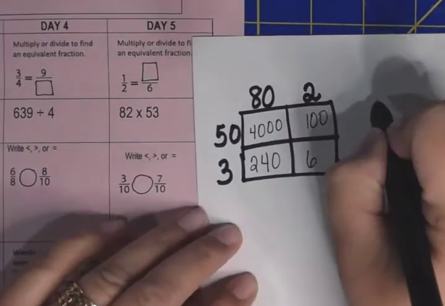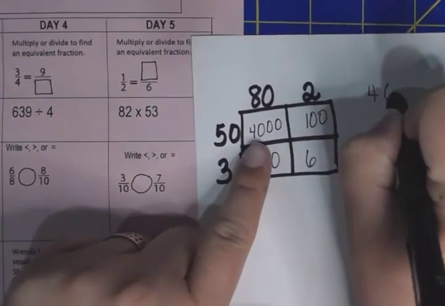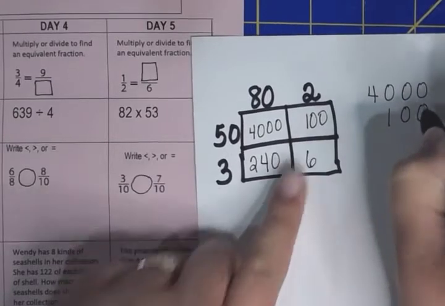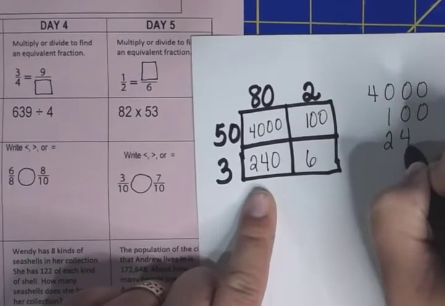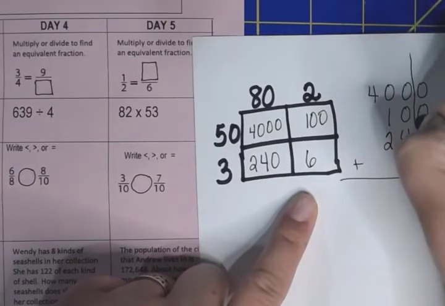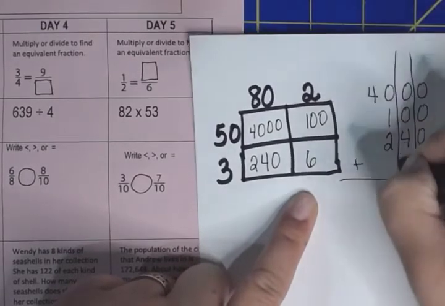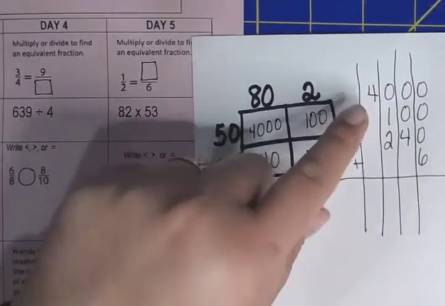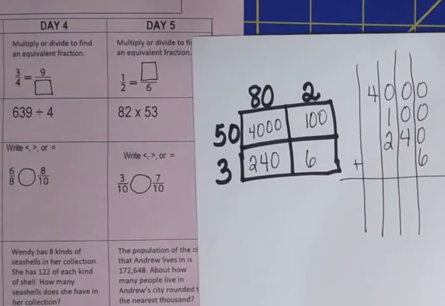Then the next thing you want to do is add all these numbers. But the most important part when you're adding these numbers is to make sure you line them up. Ones place, tens place, hundreds, and thousands. Add all these up and that would be your answer.